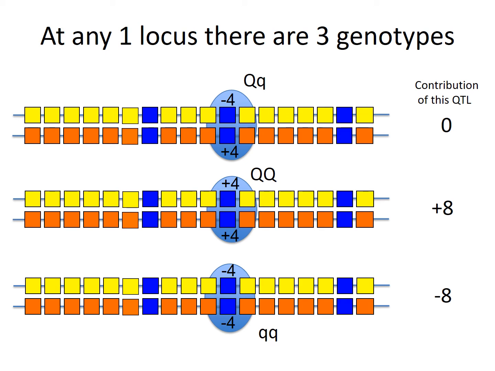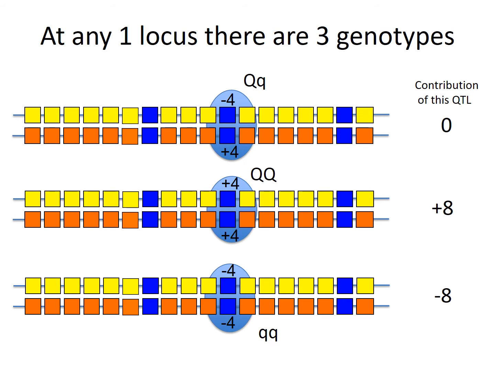The animals which are big Q, or little q, we would describe as homozygous, because when they become a parent, it doesn't matter which of the pairs of chromosomes is sampled, it will have the same value. A big Q bull will produce all sperm with a plus 4.